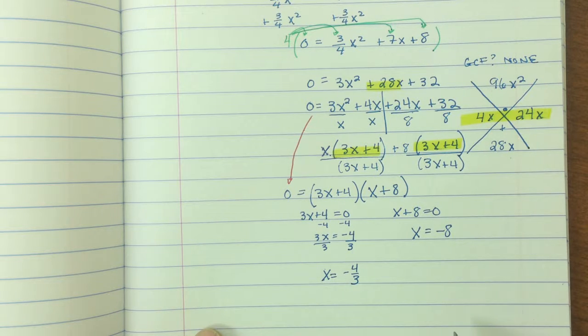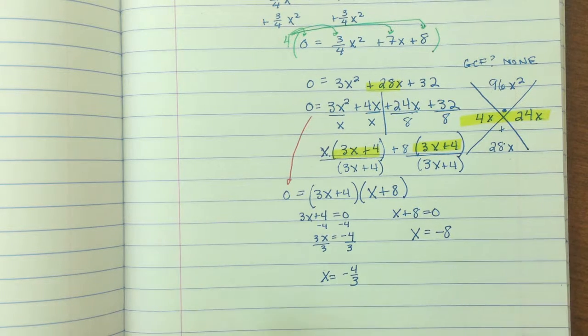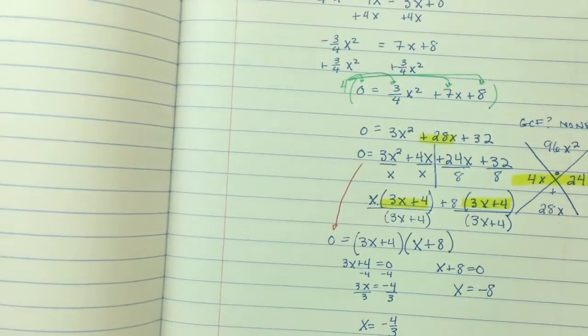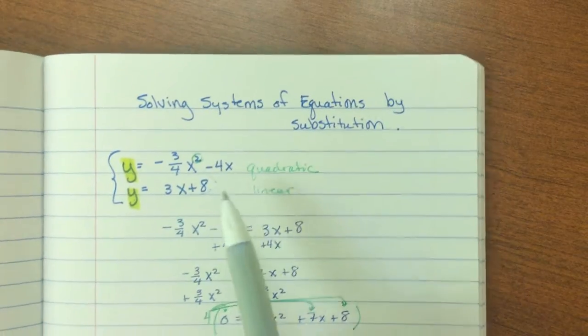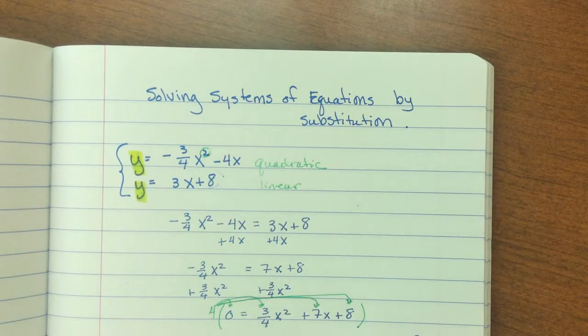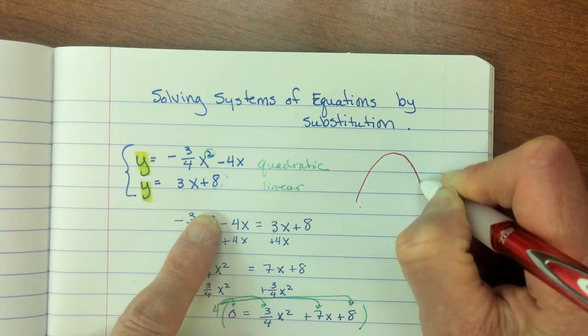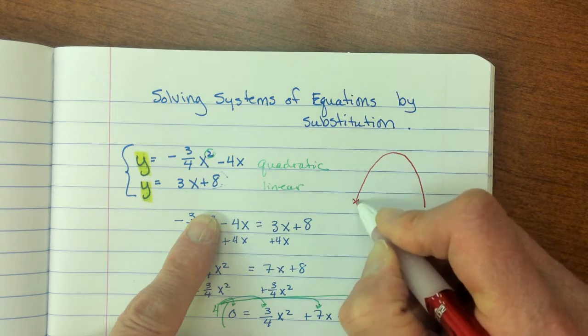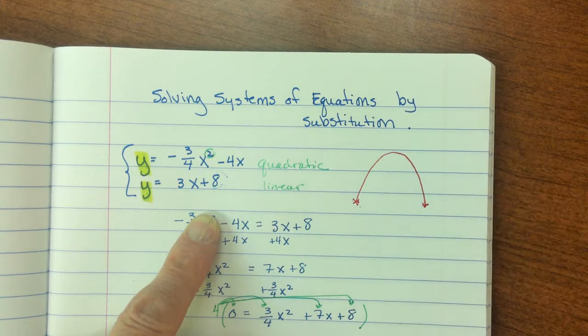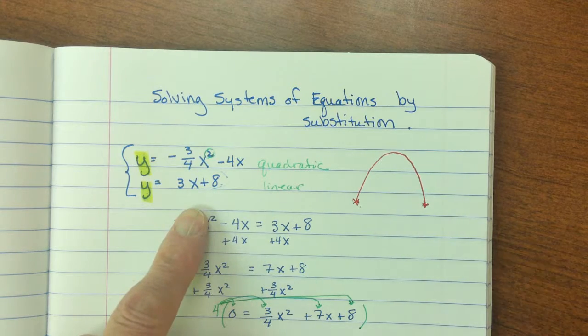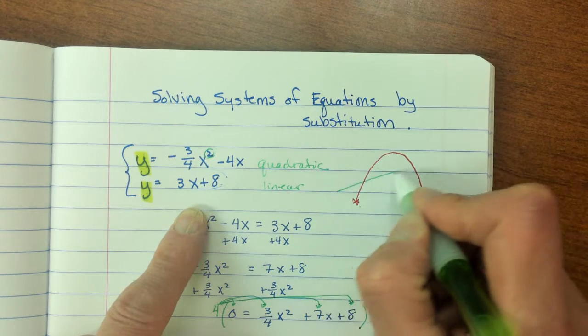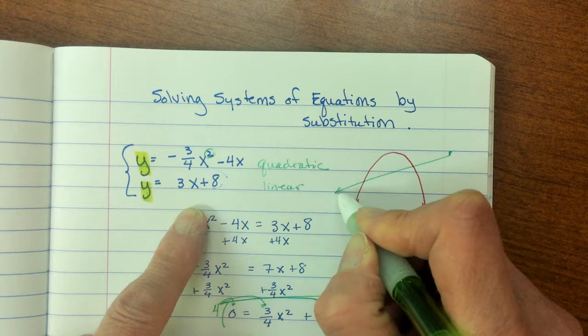But I'm not done, because in the system, I'm looking for the intersection of these two functions. In fact, if I were to graph it, my top function would look like this. That's my quadratic, and this bottom function would look like this.